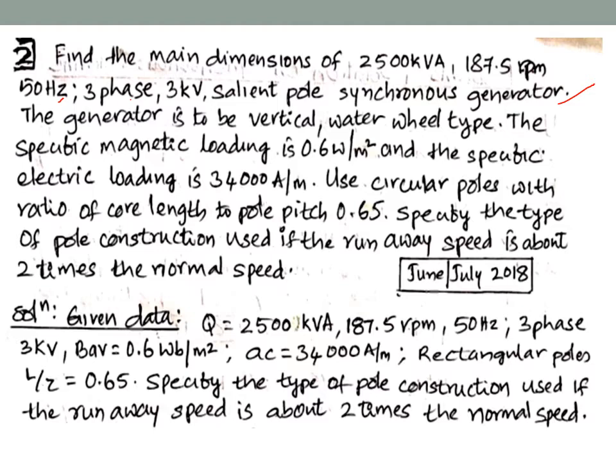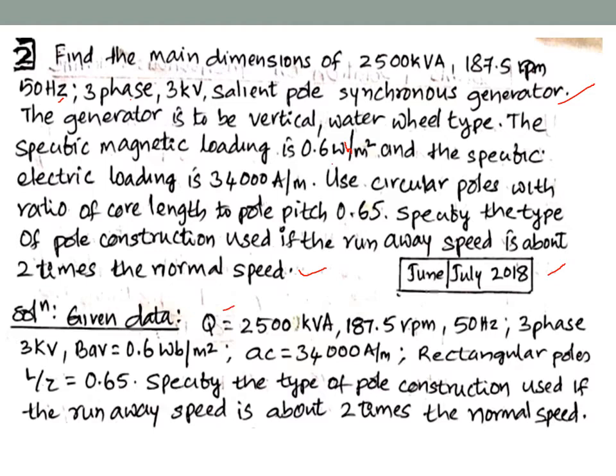The specific magnetic loading is 0.6 Weber per meter square, and specific electric loading is 34,000 ampere per meter. Use circular poles with the ratio of core length to pole pitch 0.65. Specify the type of pole construction used if the runaway speed is about 2 times the normal speed. Okay, this has been asked in June-July 2018. This data I noted down.